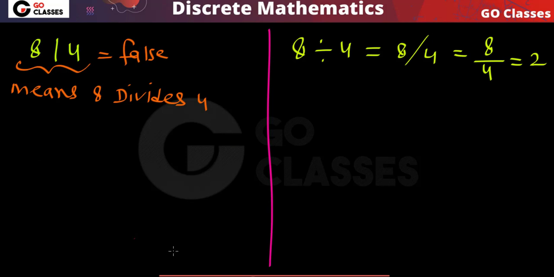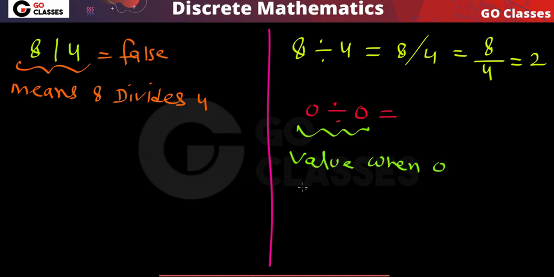Now let's see the definition of divisibility relation. You already know that if I ask you what is the value when 0 is divided by 0, we already know that this is indeterminate.